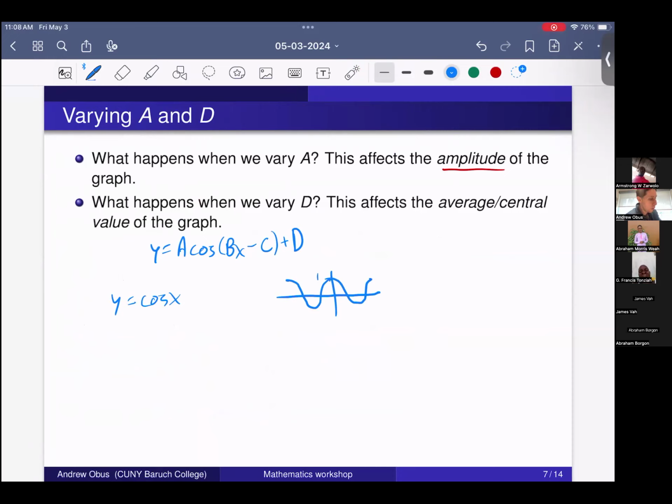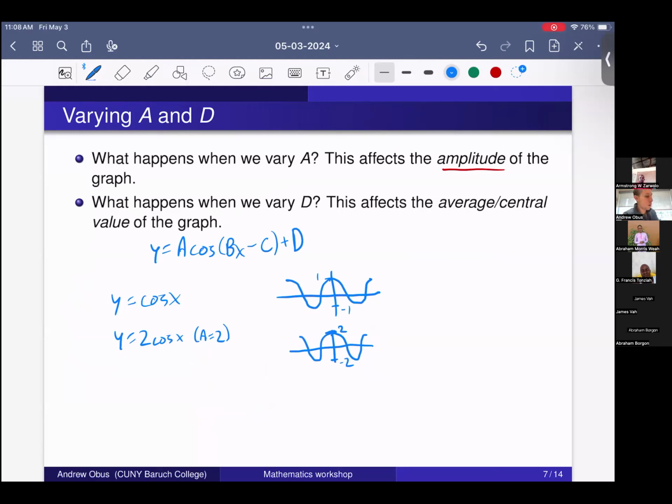It goes from 1 to -1, and that's its range. But if we do instead y equals 2 cosine of x, that would be a equals 2. All of the y values get multiplied by 2, so the graph basically looks the same, but now the range is from 2 down to -2.